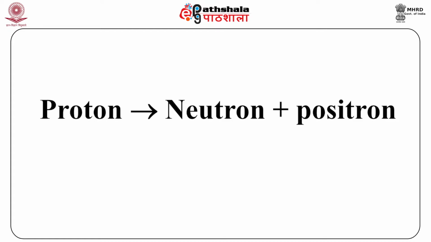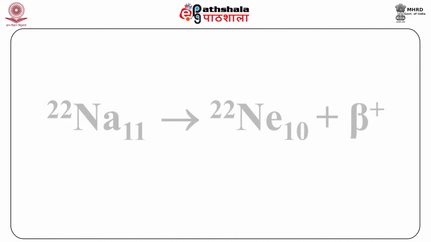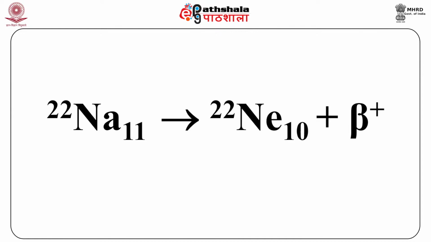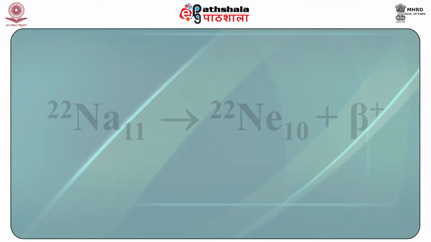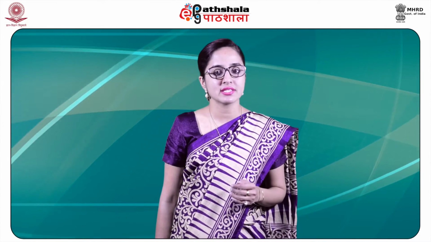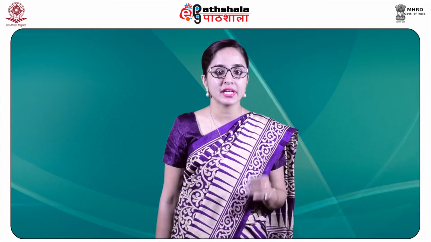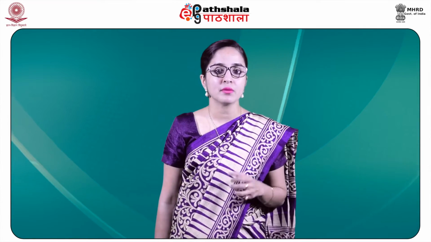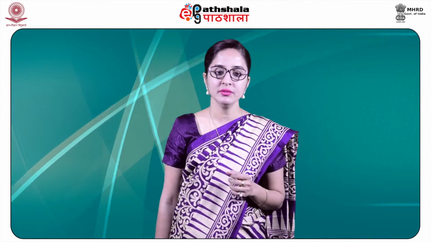So you can see here a proton is converted into a neutron and a positron. An example of an isotope decaying by positron emission is sodium-22, and this equation is shown to you here. It is used in the biological sciences in brain scanning with the technique positron emission tomography, which is PET scanning, used to identify active and inactive areas of the brain.